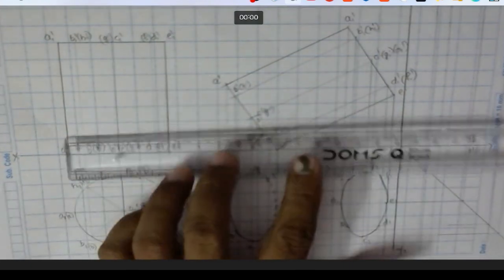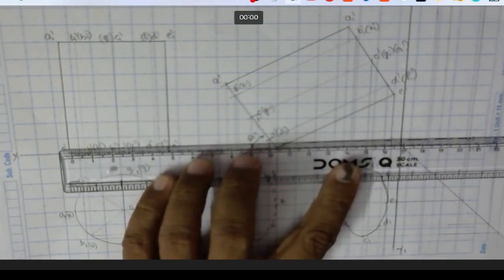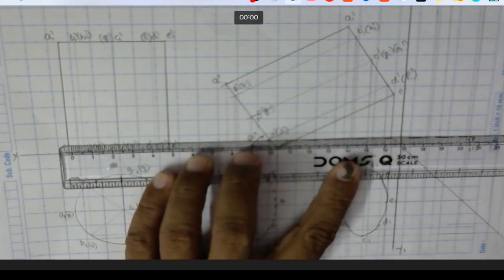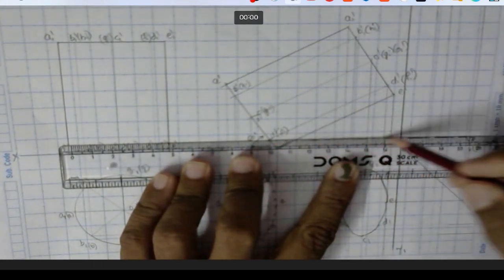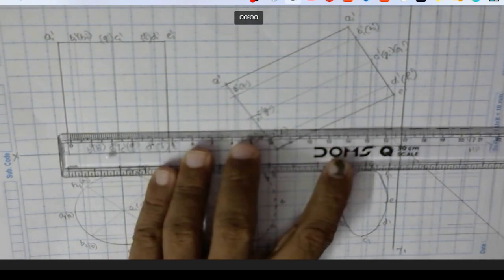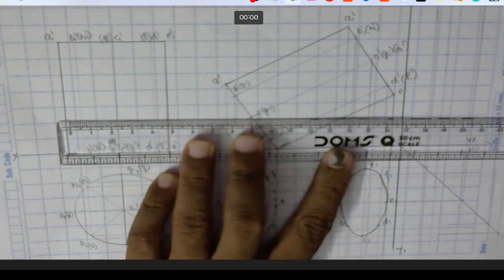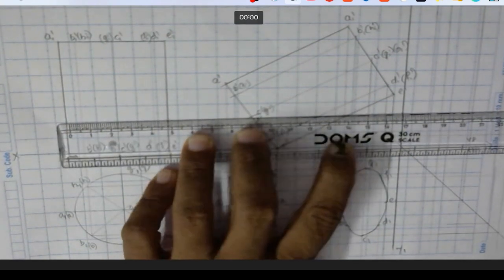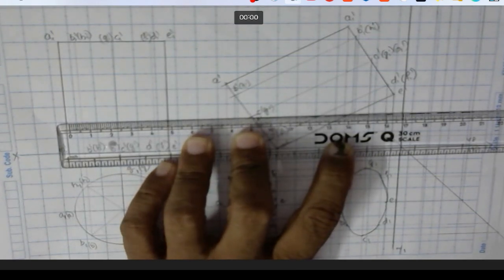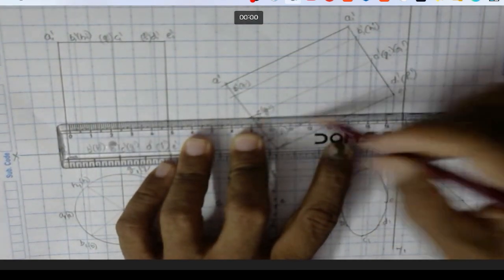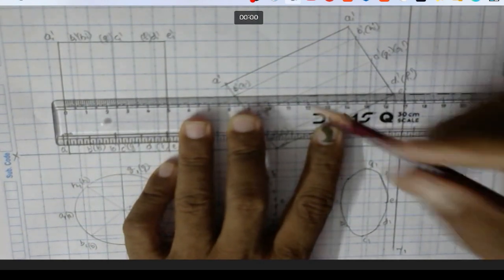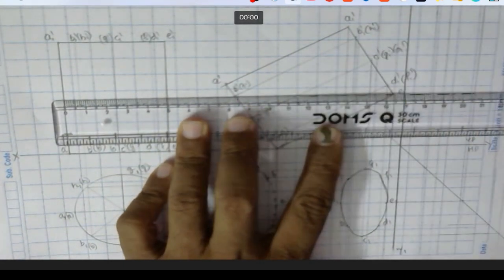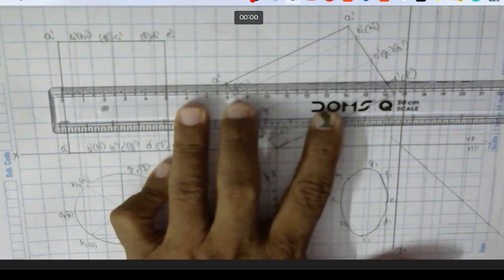Now similarly get the reference construction lines from change of position, that is what a front view inclined position. Okay. So to touch these vertical lines, so you must be aware of the things.